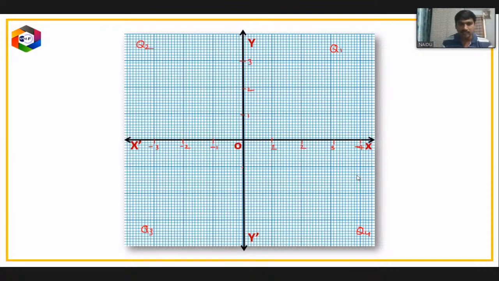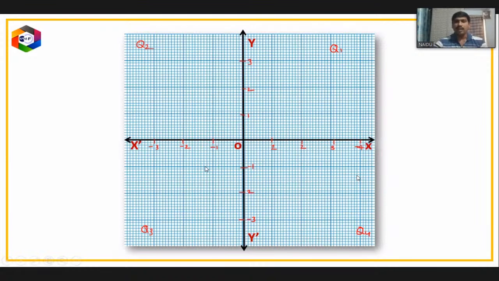Here down, negative y-axis, -1, -2, -3. So this is the Cartesian plane, named after the greatest mathematician René Descartes. And on this, how to plot a point, that we have discussed already. So once again, just recollect.